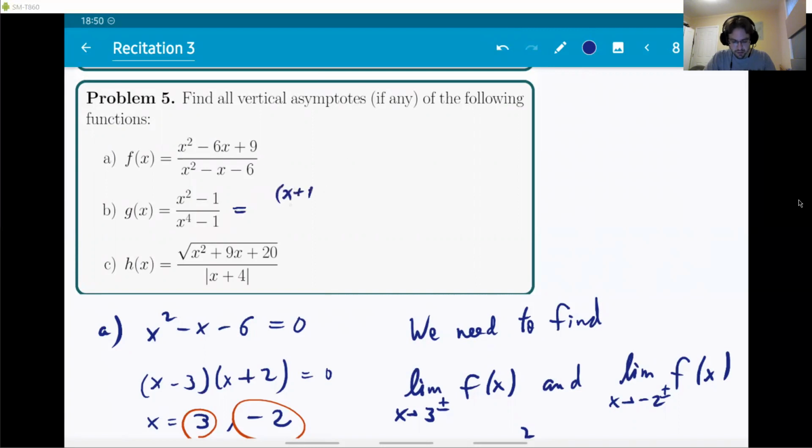Upstairs, you know that you have x plus 1 times x minus 1. Downstairs, think of x to the fourth as x squared squared. So it factors as x squared plus 1, x squared minus 1. And then the x squared minus 1 also factors.